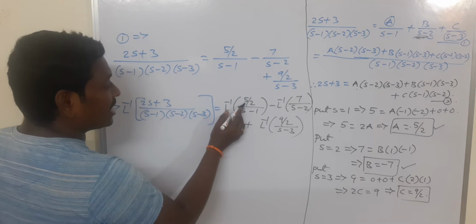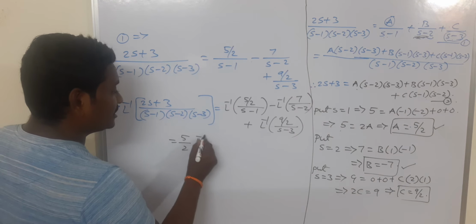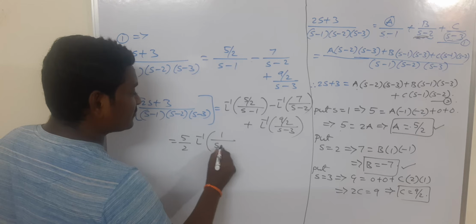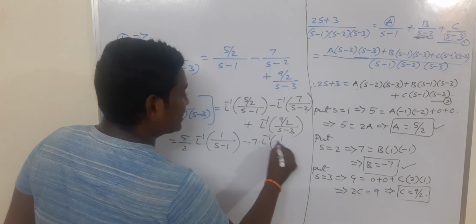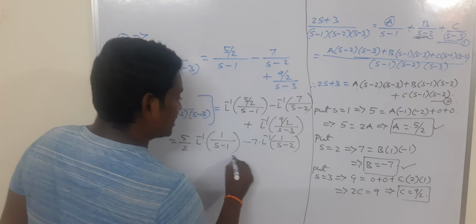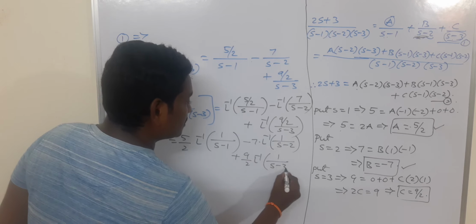Directly by using linear property, separate the terms. So 5 by 2 is the constant term, take outside from L inverse. So 5 by 2 into L inverse of 1 by s minus 1 minus 7 into L inverse of 1 by s minus 2 plus 9 by 2 into L inverse of 1 by s minus 3.